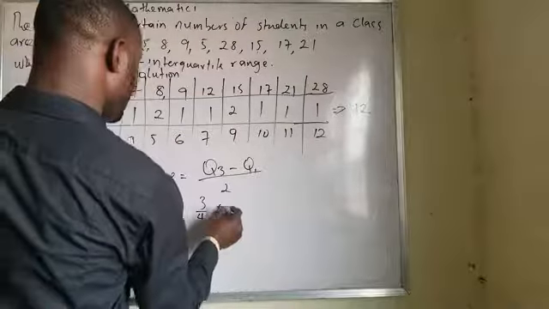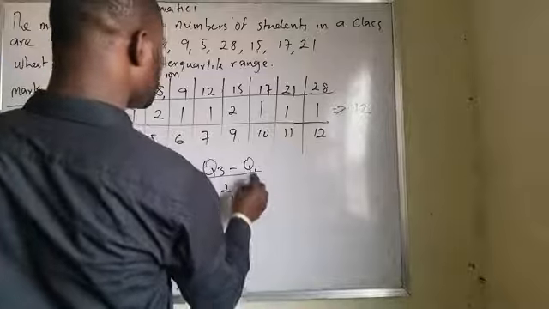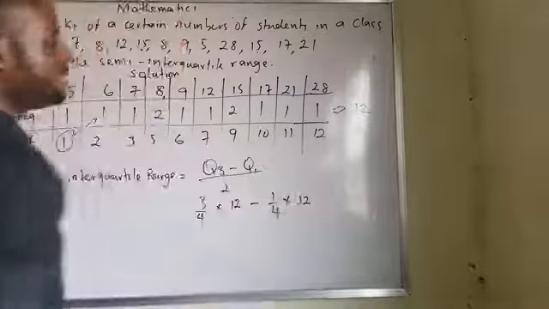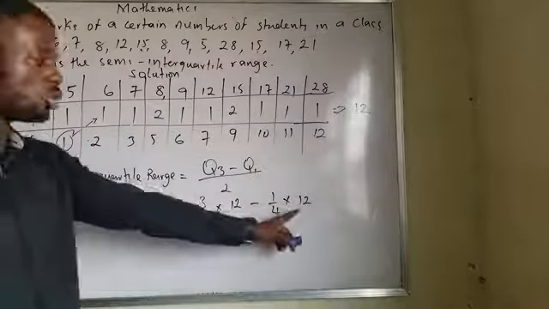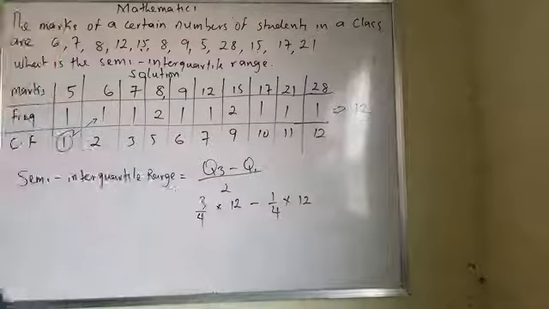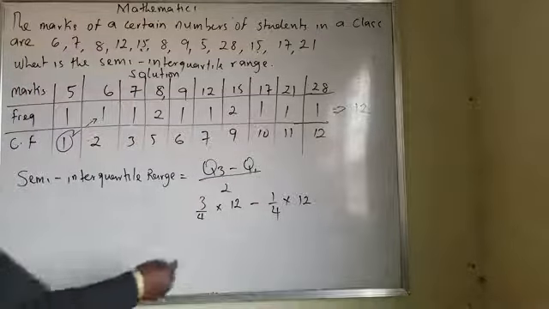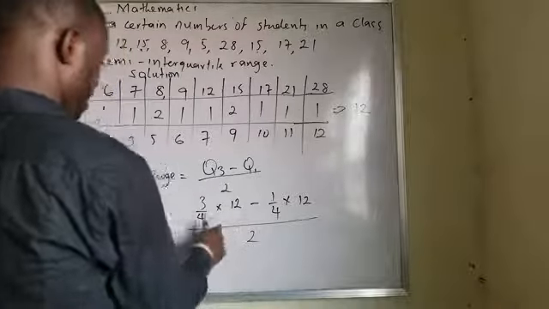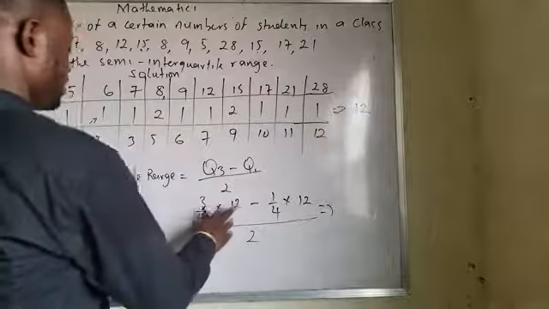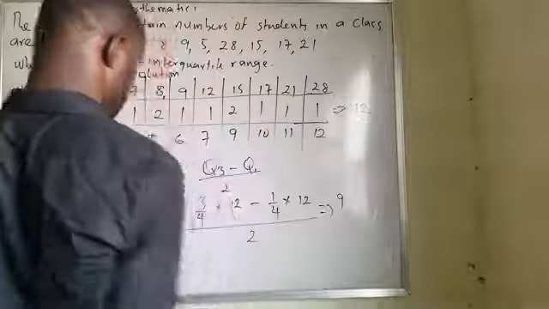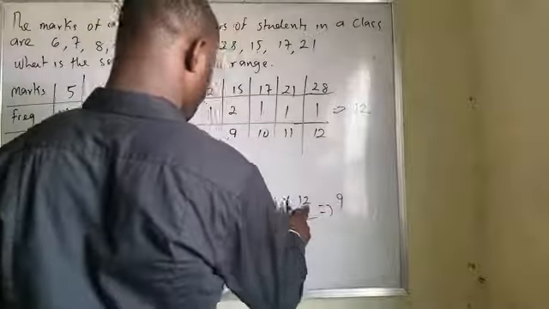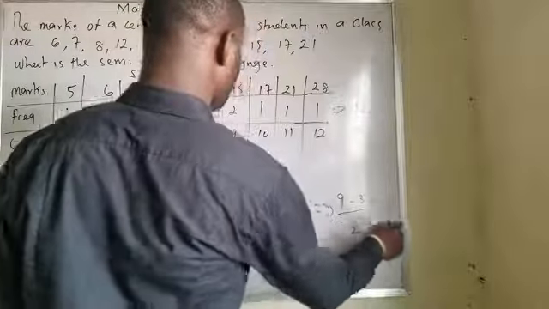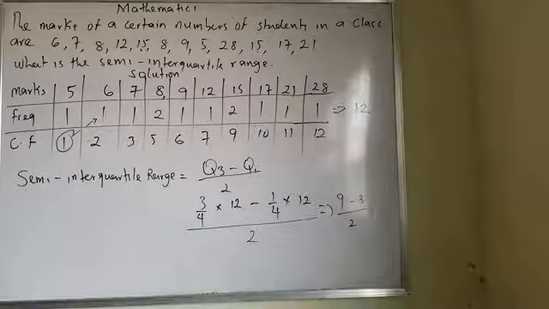It means 3/4 multiplied by 12, minus 1/4 multiplied by 12. Please, the summation of frequency, that is the total number, is what we are going to be using, divided by 2. This will give us 9 for Q3, minus Q1, divided by 2. That is what you are going to have there.